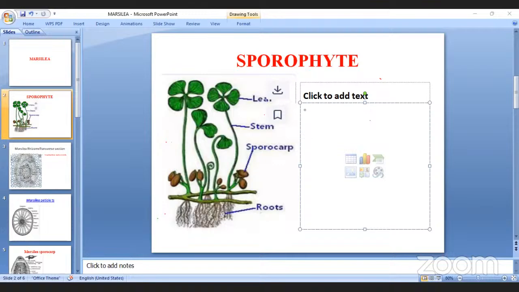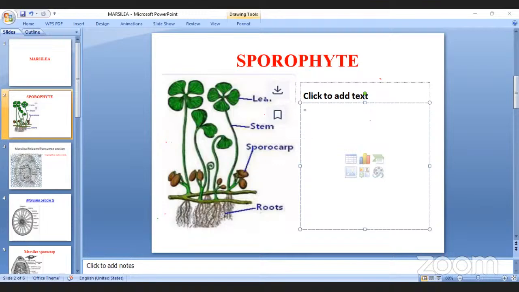In this section, what we discussed here, let's see. No need for root internal structure, but the only important one is reproduction. The section is given inside as a horizontal longitudinal section of the sporocarp.